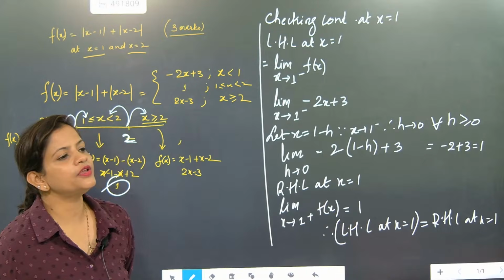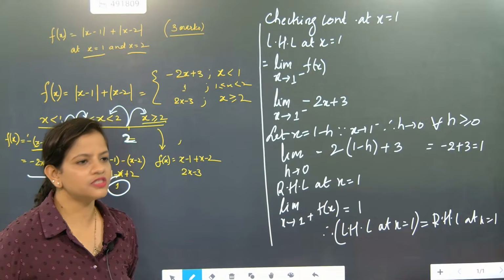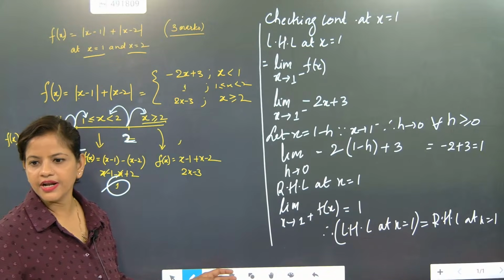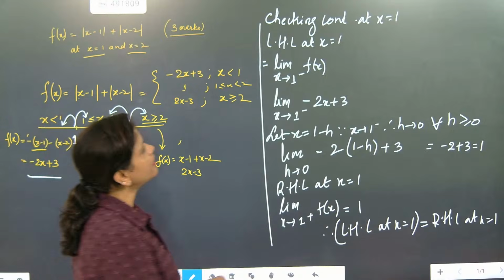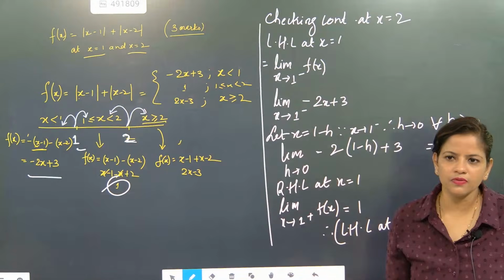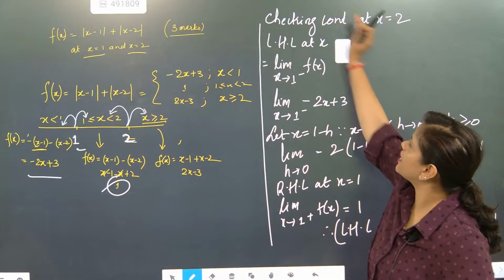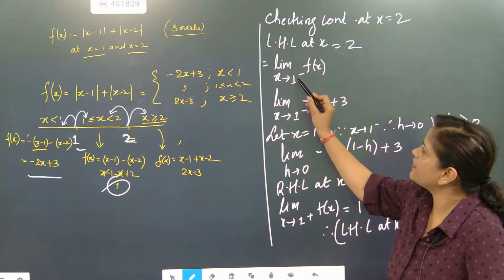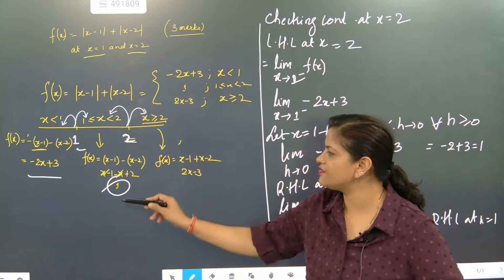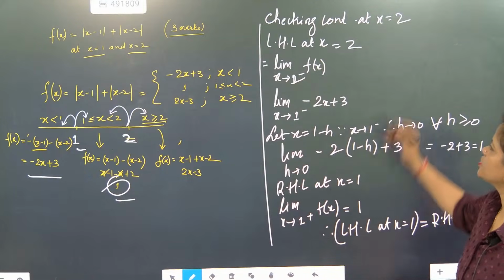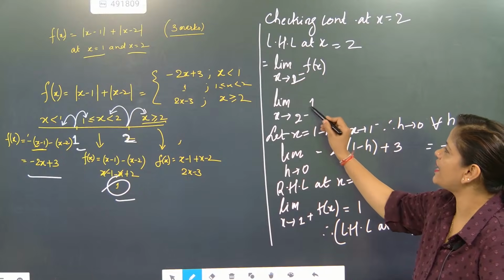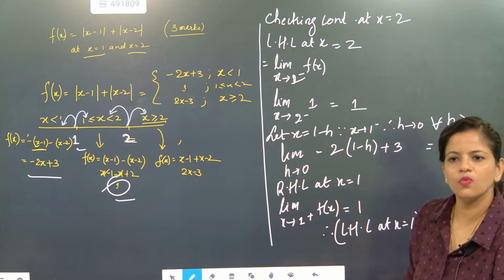When they tell you to check continuity for some other values, contact points, noted? Anybody noting, please note down. Here for 2, what do you have to write? Nothing, beta. Here we just have to write 2, correct? Here also it will become 2, here it will become 2 minus. And with the left side, 2 minus, the value is already 1. So here directly you write, x tends to 2 minus, the value is 1, so the answer will become 1.